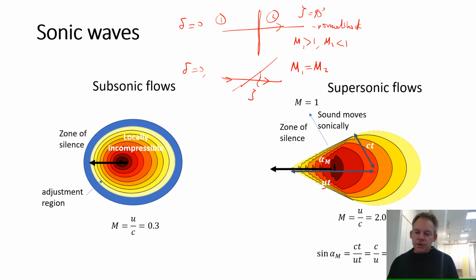So in the frame of reference of that perturbation, after time t and moving here, the streamlines are going like that, and the delta is 0, and there's a shock angle. This is a weak perturbation, so M1 equals M2.